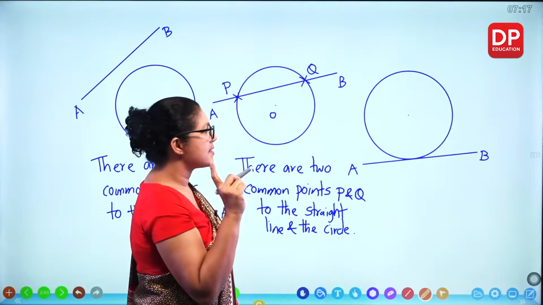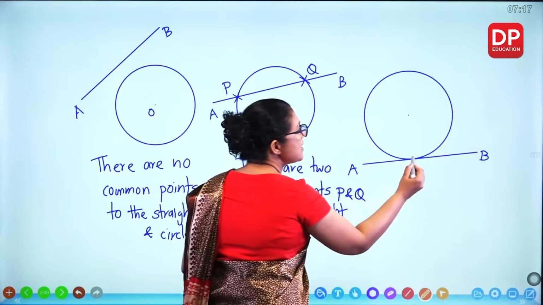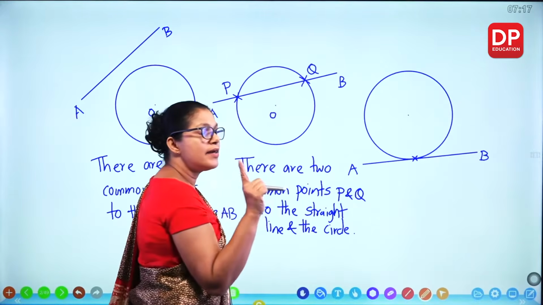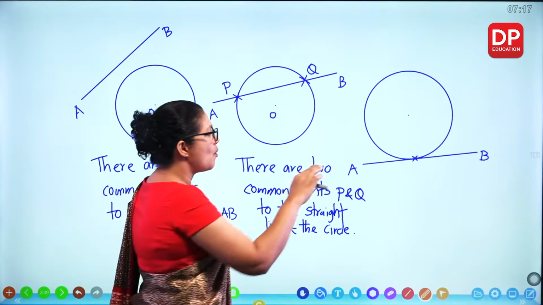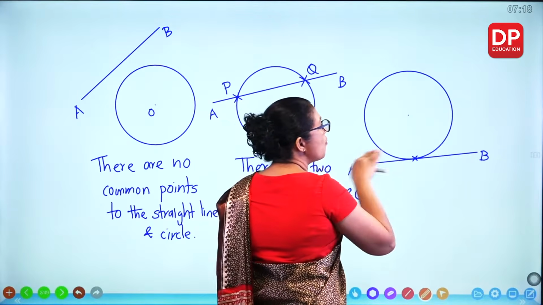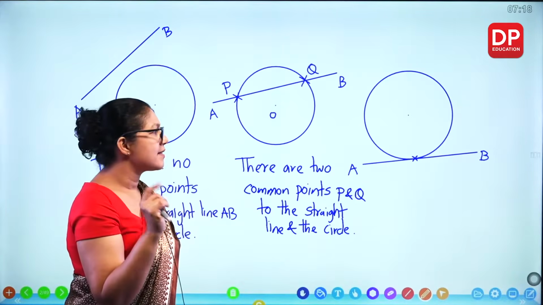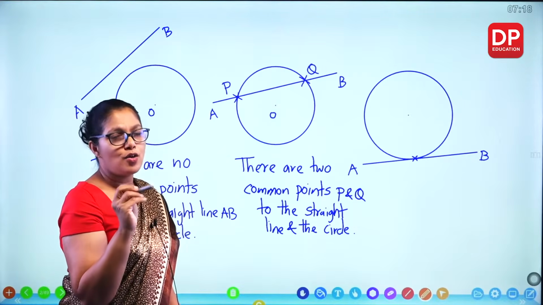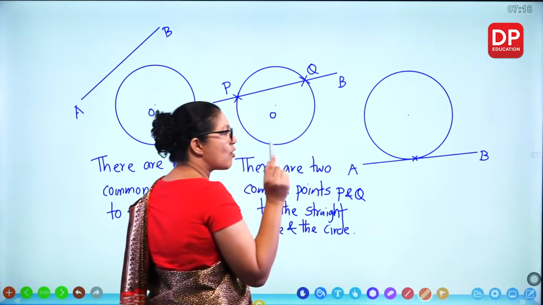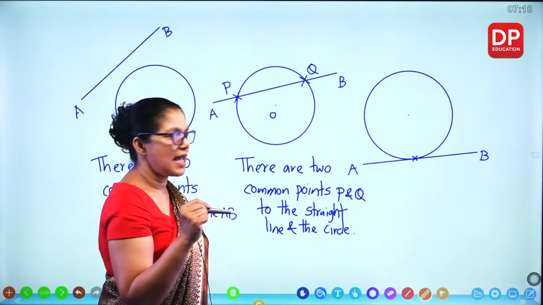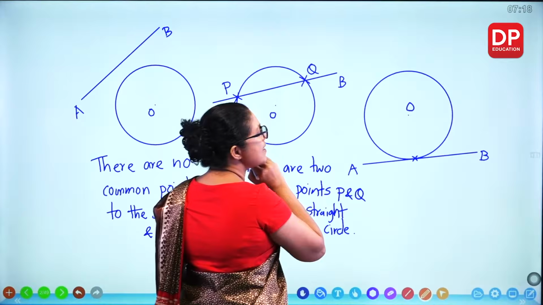Now look at this diagram. A circle and a straight line there, but we see only one common point. So when you have one common point with a straight line and the circle, that's the tangent line to that circle. So the point where it touches we call point of contact. So in this diagram, this is the center.